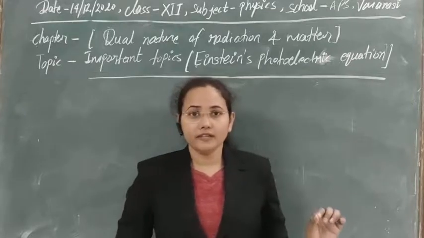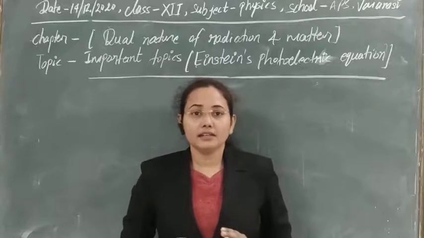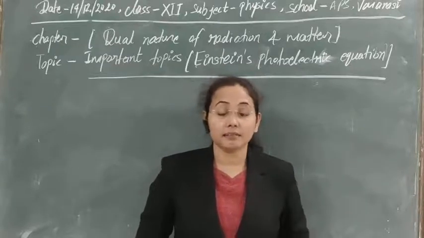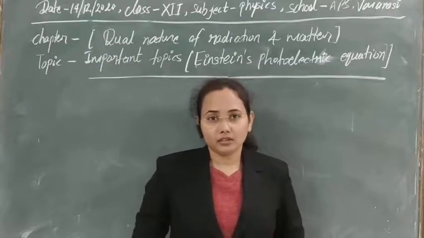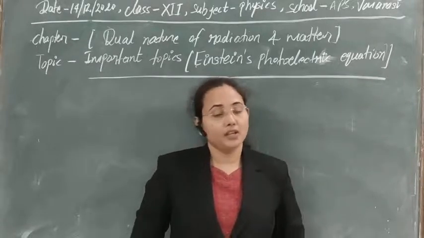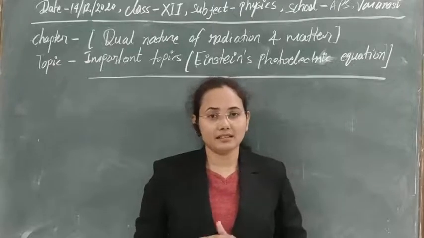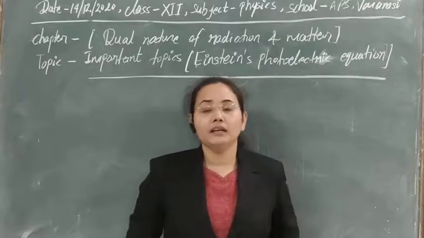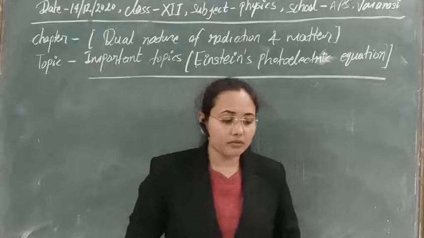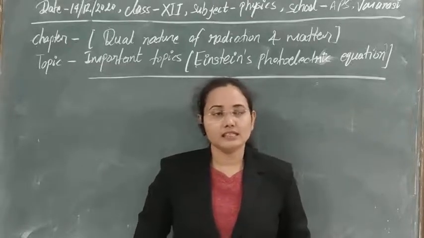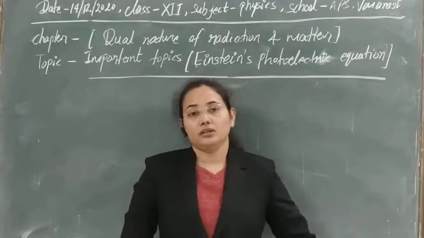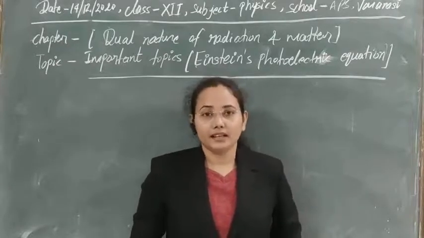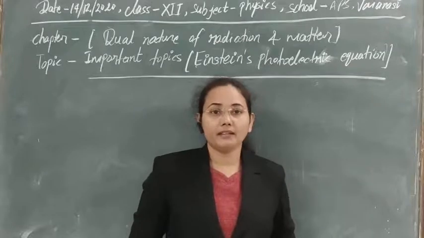In short, the number of ejected photoelectrons depends on the intensity of radiation, and the kinetic energy of the electrons depends on the frequency of radiation. The number of ejected photoelectrons doesn't depend on the frequency, only the kinetic energy changes with it. Clear? If the kinetic energy of electrons increases, then electrons which were not able to reach the anode can also reach it easily with greater energy, so that factor also affects the photoelectric current.